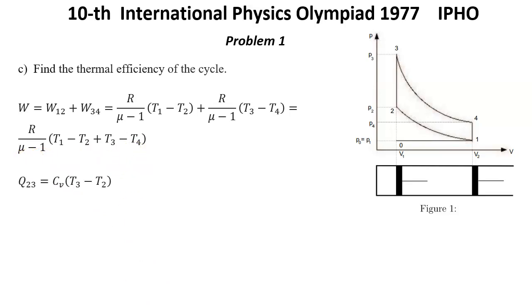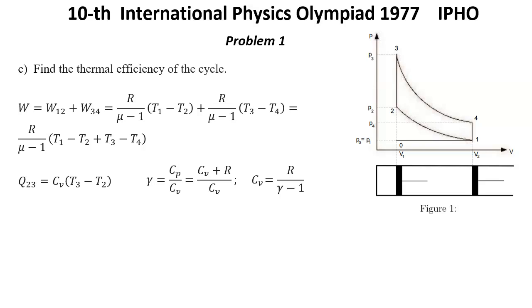Also, the heat supplied to the gas is Q23, which is Cv multiplied by T3 minus T2. Also, we have gamma equal Cp over Cv. It means that Cv equal R over gamma minus 1.